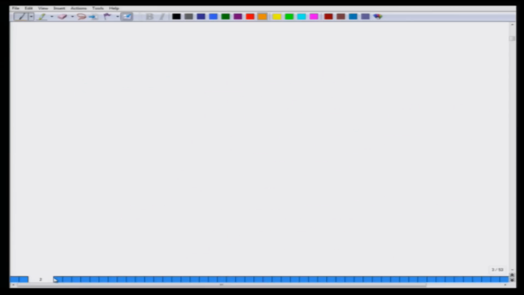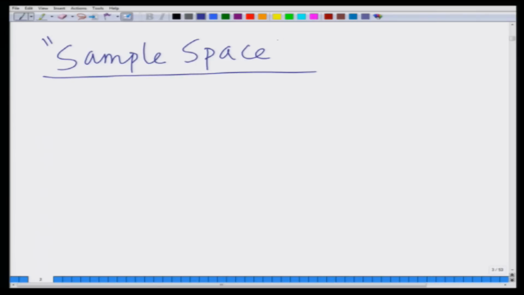So, let us now develop a framework to formally characterize probability and randomness. Alright. So, let us start building a framework. The first thing we would like to define is what is known as the sample space.